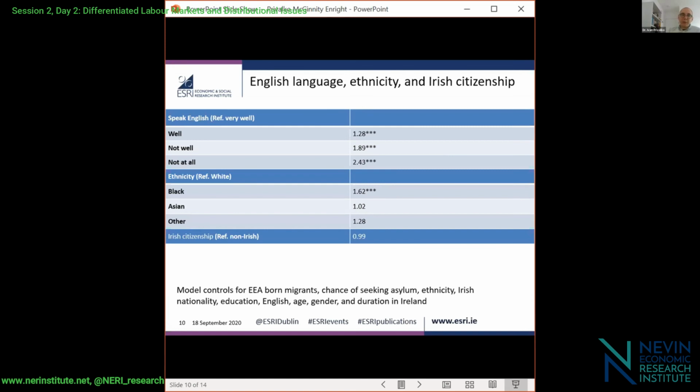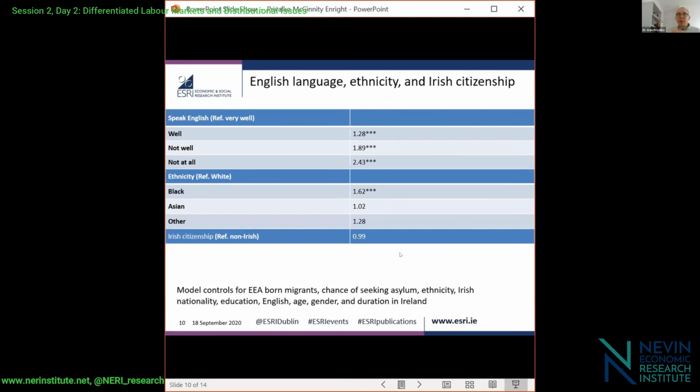The more human capital people have, the less likely they are to cite unemployment. Now, in terms of ethnicity, we do find a negative effect among the Black migrant group. They have significantly higher odds of citing unemployment, but this effect isn't found for the Asian and the other ethnicities.